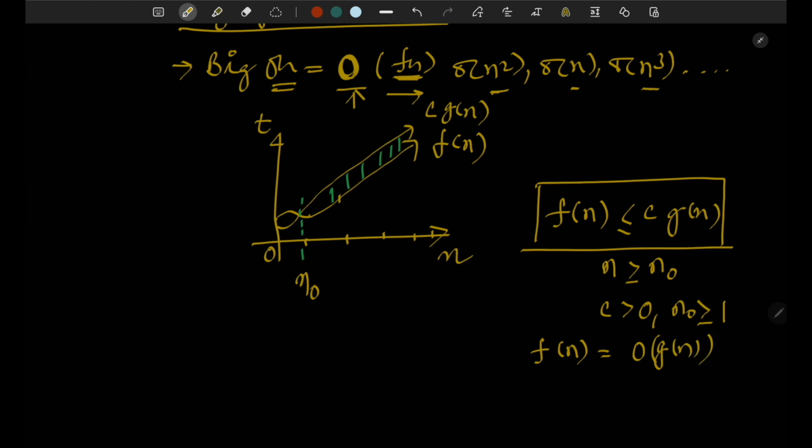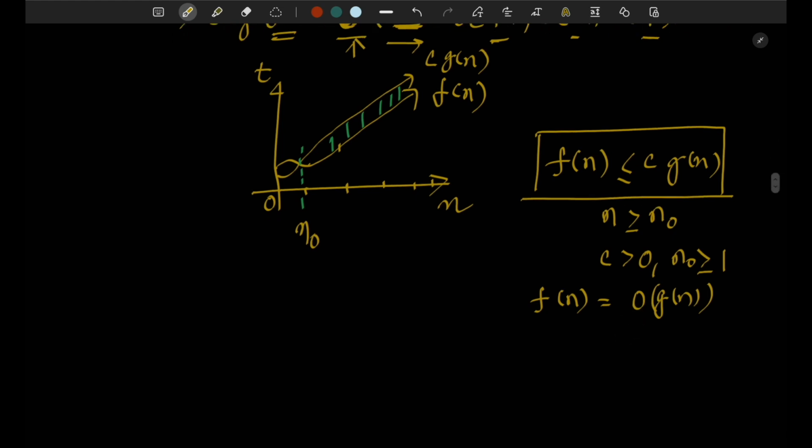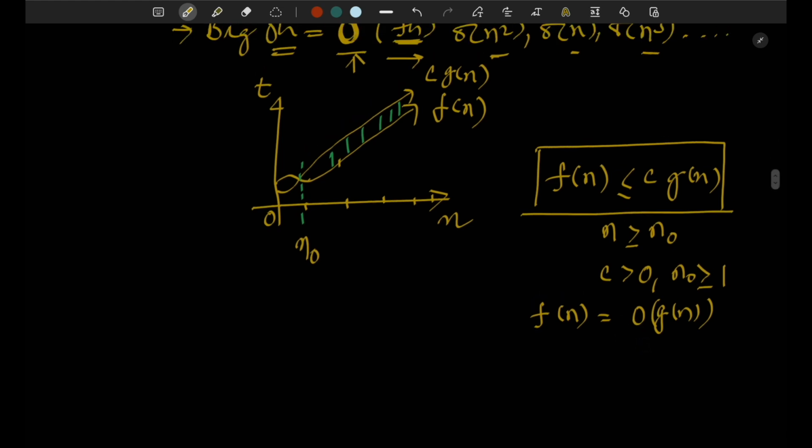So I am assuming you might be finding this confusing as of now, but don't worry, we will do lots and lots of examples on this topic, and by the end of this video you would be very much comfortable analyzing all these asymptotic notations for different algorithms. But anyway, continuing to our use case, what we are essentially trying to say is that we have two functions f(n) and g(n).